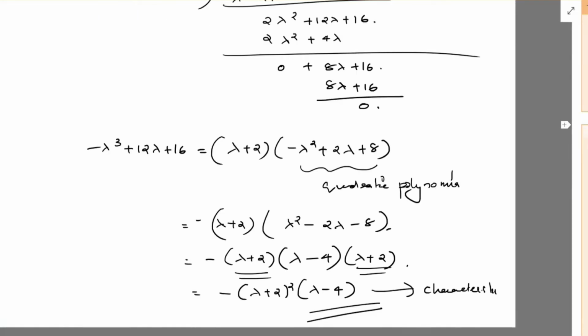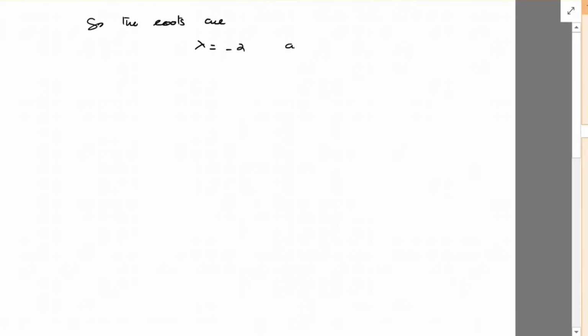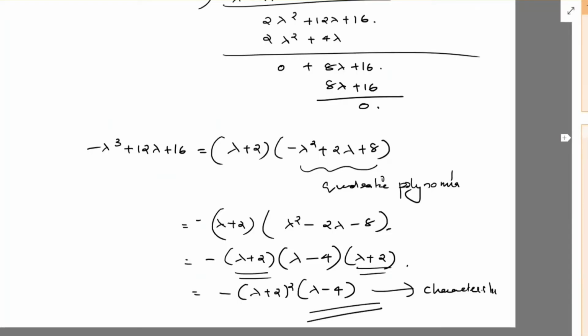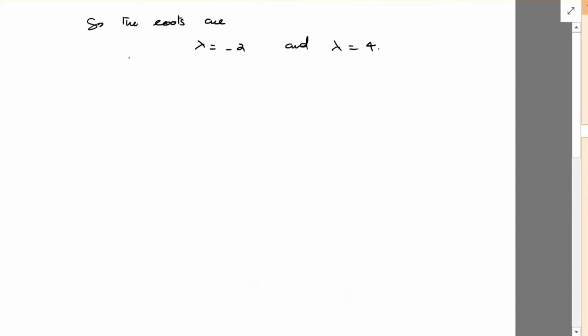So the roots are lambda equal to minus 2 and lambda equal to 4. So the eigenvalues are lambda equal to minus 2 and lambda equal to 4. We can call it lambda 1 equal to minus 2 and lambda 2 equal to 4. These are the eigenvalues of the matrix A.